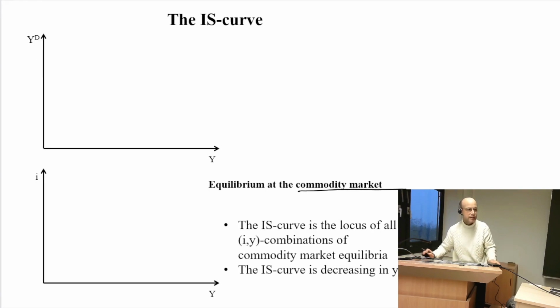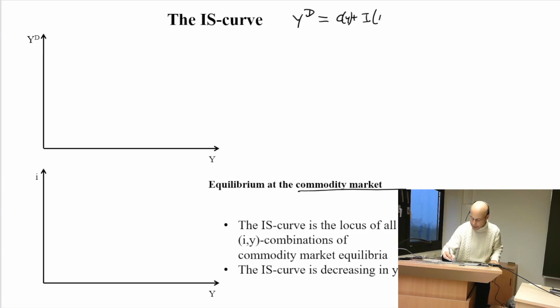We are looking just at the commodity market as we had it when we looked at the Keynesian cross, and now incorporate this dependence of investment on interest rates. So still we have YD is C plus I plus G. So C was dependent on income, I is now dependent on interest rates, plus G.